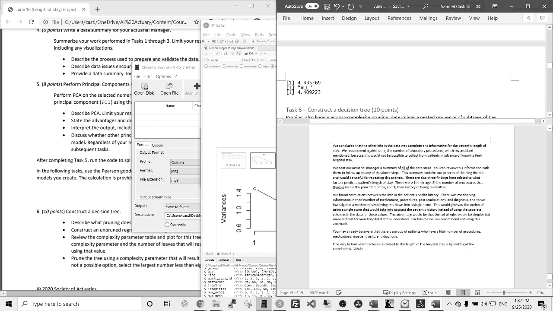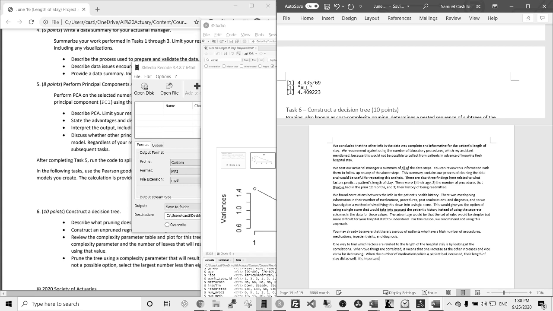When two things are correlated, it means that one increases as the other increases, and vice versa for decreasing. When the number of medications which a patient had increased, their length of stay did as well.